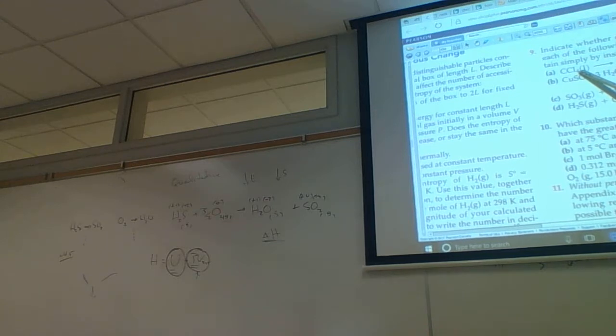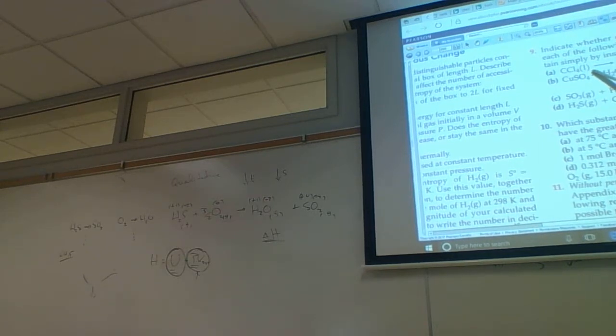No. Which one's bigger, delta U or delta H? Delta U is going to be bigger because, or no, actually delta U is not bigger. Delta H is bigger. Do you know why delta H is bigger?